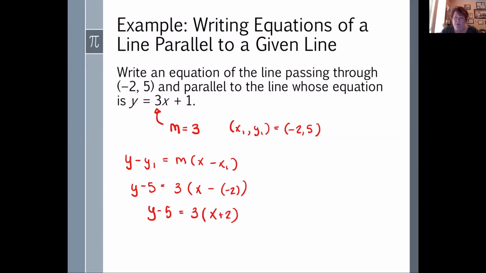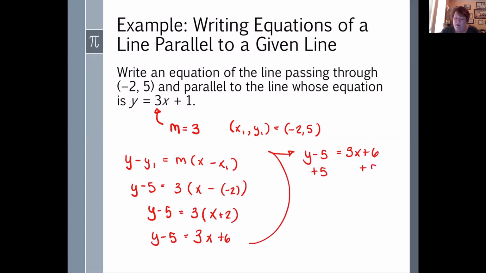Now I'm going to distribute the 3 across. 3 times x is 3x. 3 times 2 is 6. Now I'm going to add 5 to both sides to put this equation in slope-intercept form. 6 plus 5 is 11.